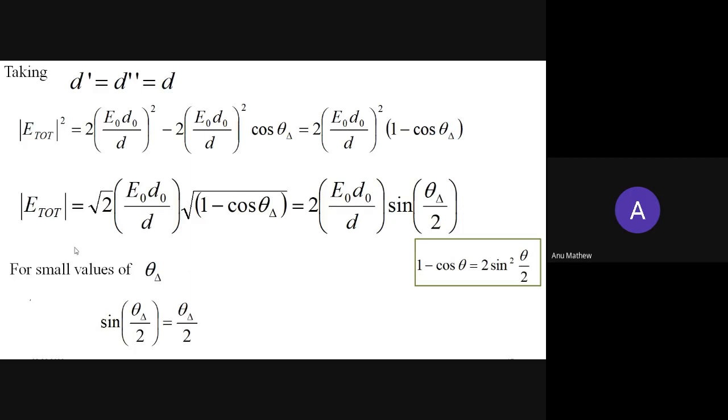For small values of theta delta, sin theta delta by 2 will be equal to theta delta by 2. For small values of angle, sin theta equals theta. Using that relation, we can write sin theta delta by 2 equal to theta delta by 2.